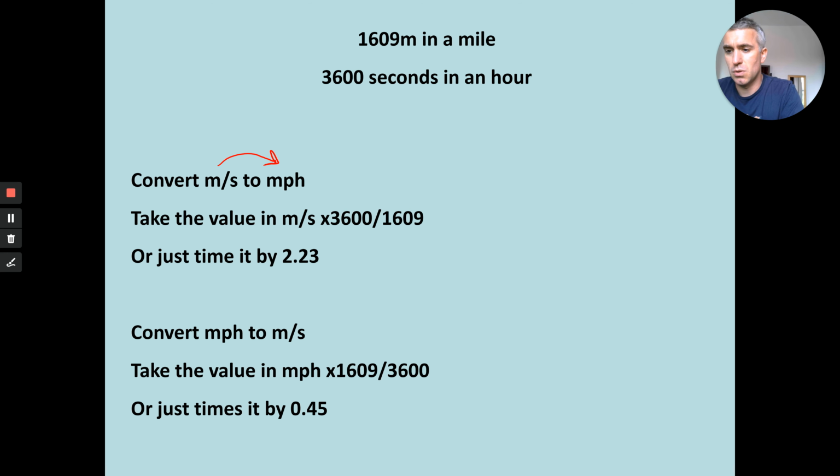And so we want to convert meters per second into miles per hour. Well, first of all, there's 1,609 meters in a mile and 3,600 seconds in an hour. So you take the value in meters per second and times it by how many seconds there are in an hour. So say it was 13 meters per second, times the seconds in an hour gives you the hour.